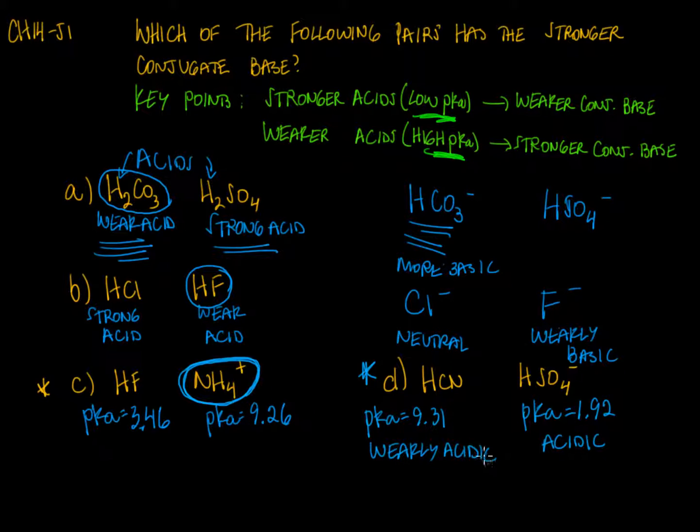Okay, so let's go back up to our main point. The weaker the acid, the stronger the conjugate base. So which one of these is weaker? The larger the pKa, the weaker the acid, and so this is going to form a more basic conjugate base. All right. I hope these key points help you in working through some of these problems in the future. Thanks for watching.